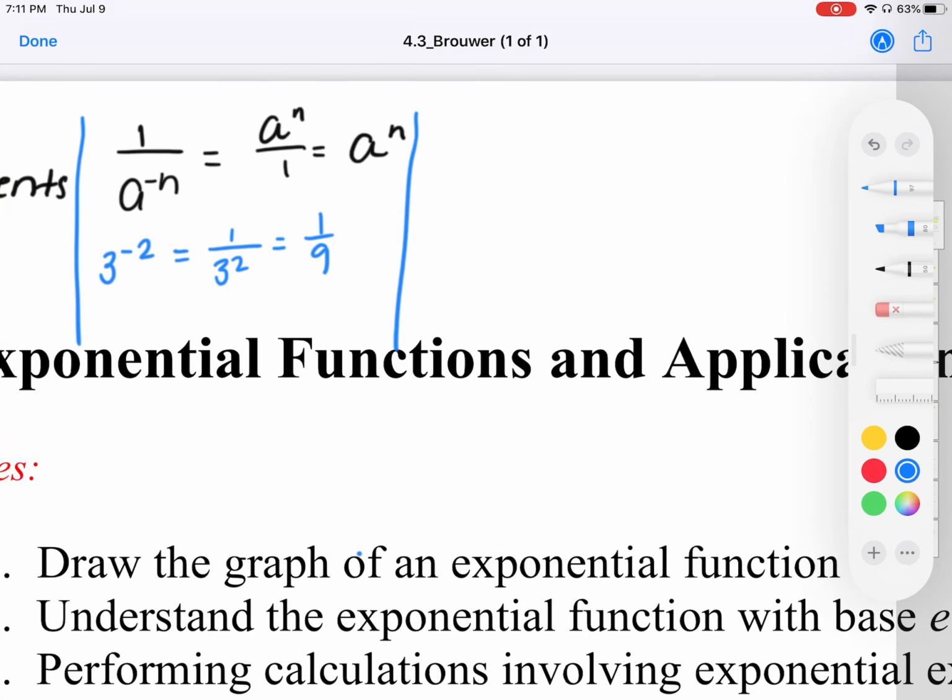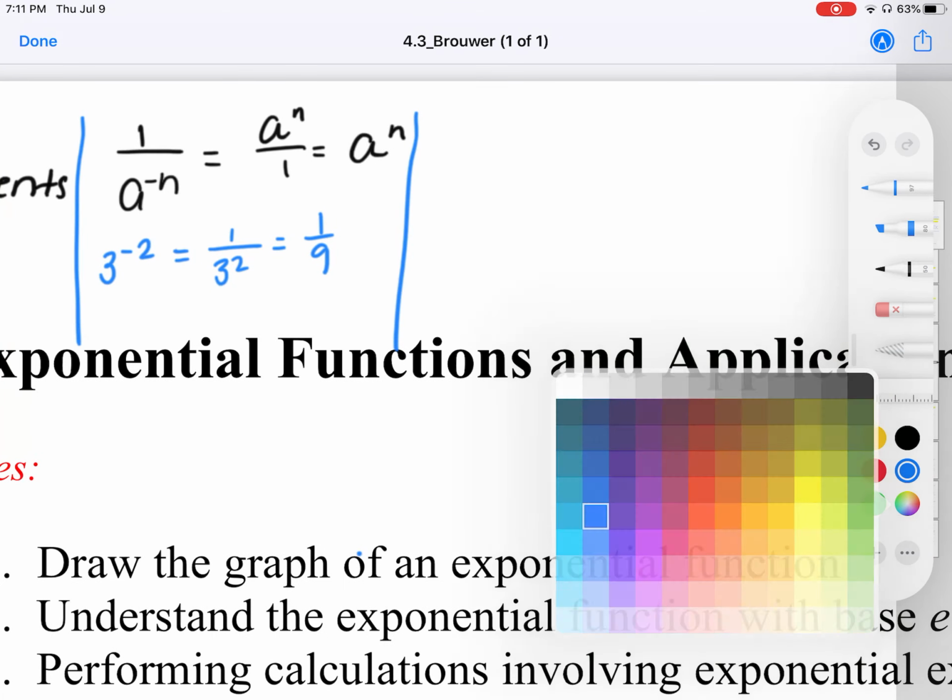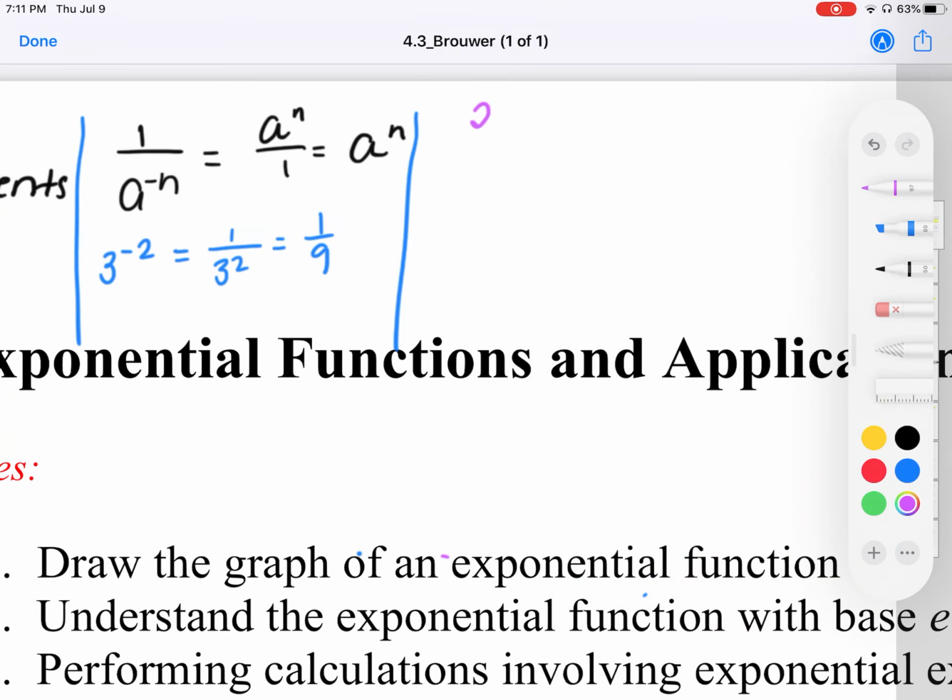What if we had fractions? What if we had an example like, say, 2/3 raised to negative 2 power? In such a case, this negative 2 exponent, because it's in parentheses, applies to each one separately. So it'd be 2 to the negative 2 power over 3 with a negative exponent of 2.